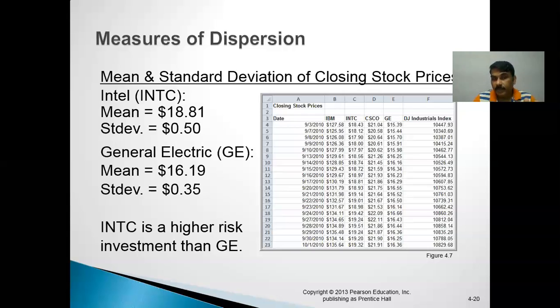Now here sub calculations are there for the standard deviation. This is just one example that I have shown you right now on the Excel. My values were different; here the values are different. So according to them, they have calculated the mean, the standard deviation, and on the basis of that, summarizing, they are interpreting that INTC is a higher risk investment than GE, because the INTC value is 0.50 and the GE value is 35.35.